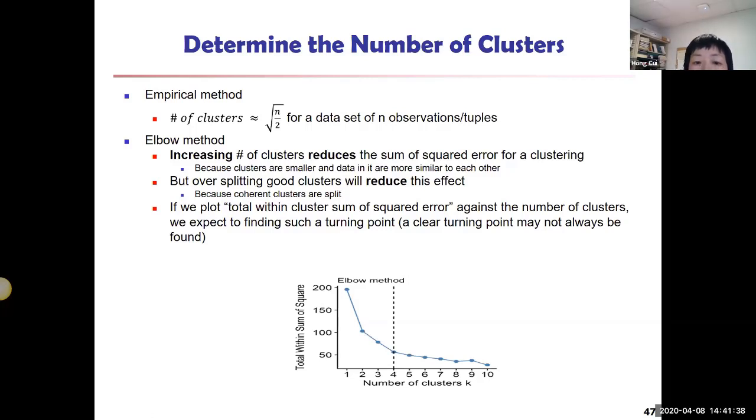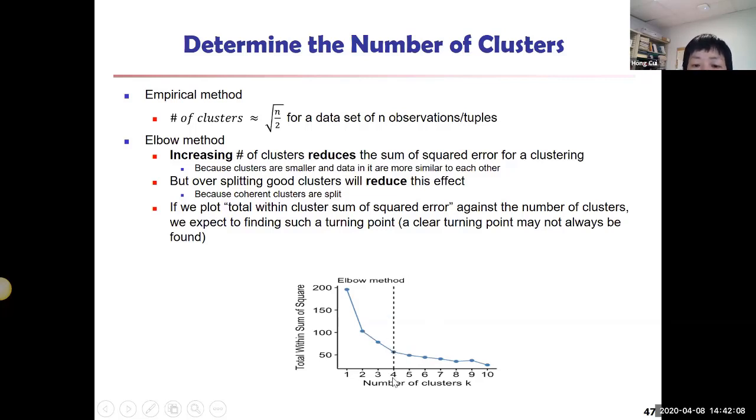So in reality, when we plot this out using the number of clusters and the total within sum of squares, we will find a curve like this. A lot of times we will find this curve has a similar slope, but there is a sudden change at a certain point. And this sudden change is called the elbow.